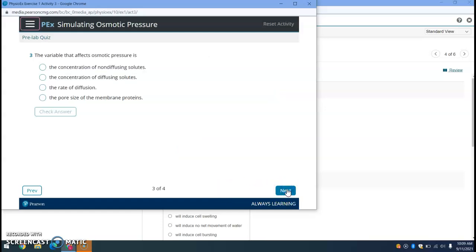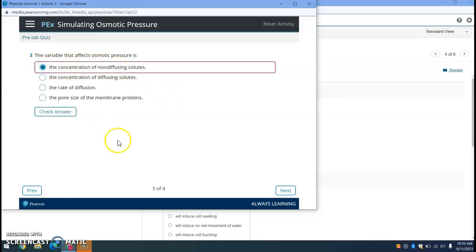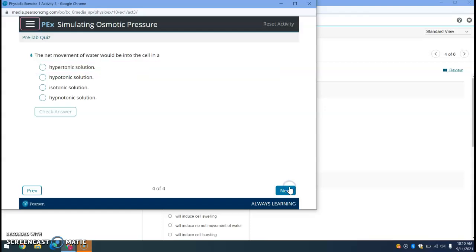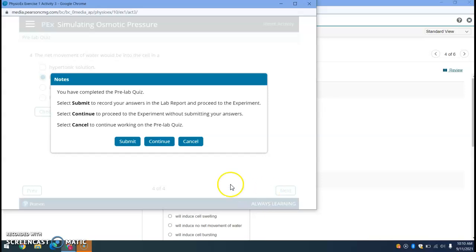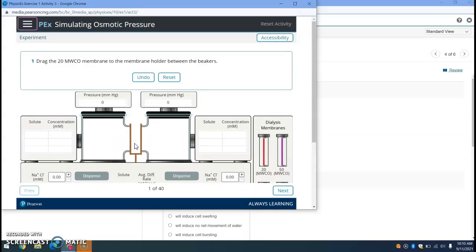The variable that affects osmotic pressure is the concentration of the non-diffusing solutes, the solutes that cannot move across the membrane. The net movement of water would be into the cell in a hypotonic solution. All right, then we submit that.